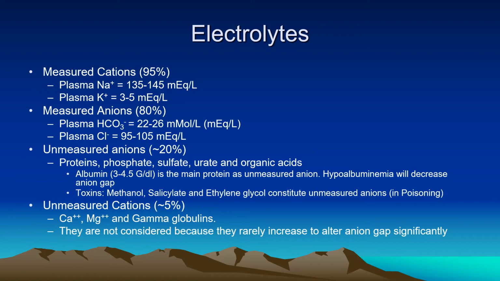Apart from this, in clinical situations, addition of acid in the form of a toxin can also alter the extent of unmeasured anions, and this is important in poisoning. Unmeasured cations are usually calcium, magnesium, and gamma globulins, and they are usually not considered for calculation because they rarely alter in such a way that anion gap is changed significantly.